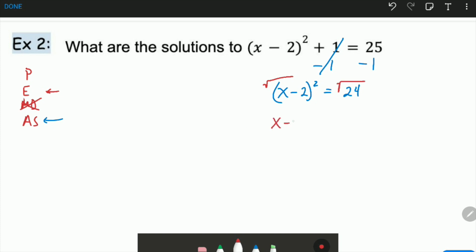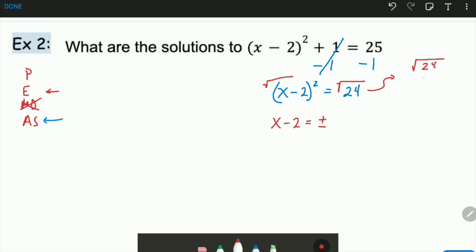We'll have x minus 2 equals plus or minus the square root of 24. And it's been established in my class that we are doing exact answers here in Algebra 2, unless otherwise stated. So we have to break down the 24 since it's not a perfect square.